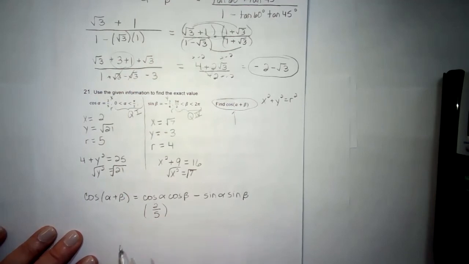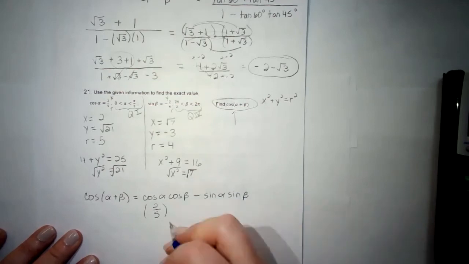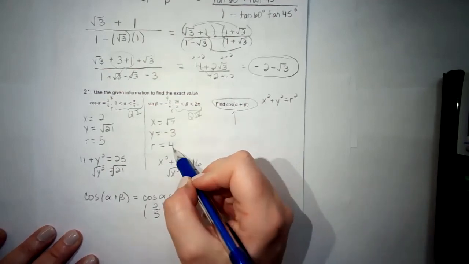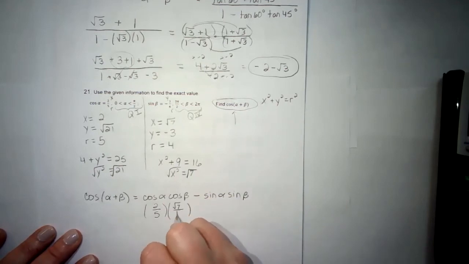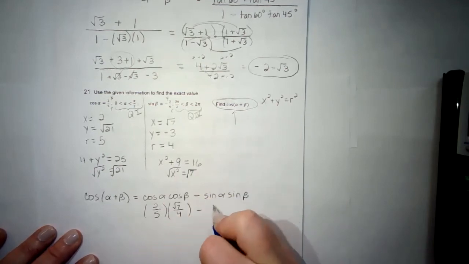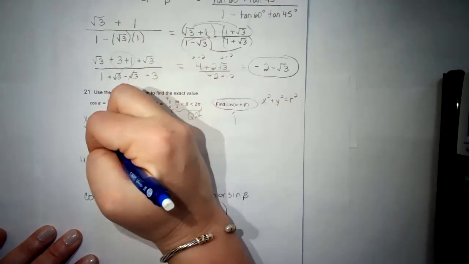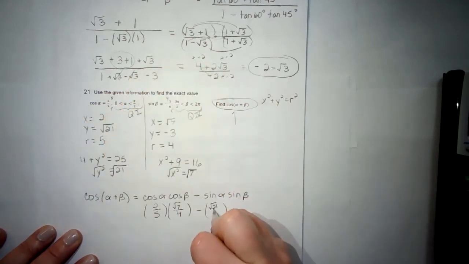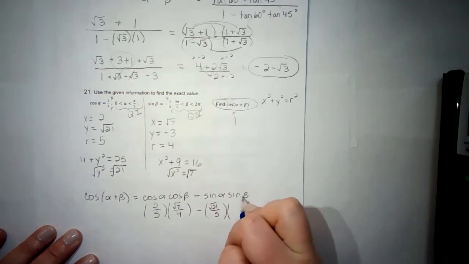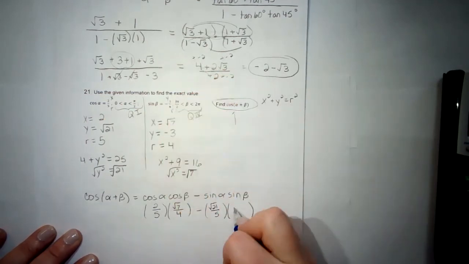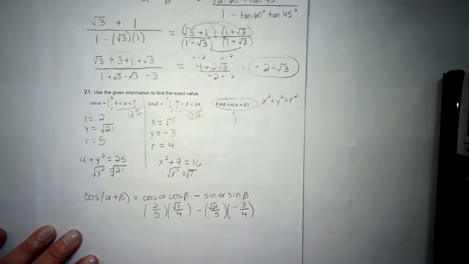Notice it completely replaced the word and the symbol. It's all gone. Now cosine beta is going to be x over r. That's root of 7 over 4 minus sine alpha, which is going to be y over r, times sine beta, which we know is negative 3/4.